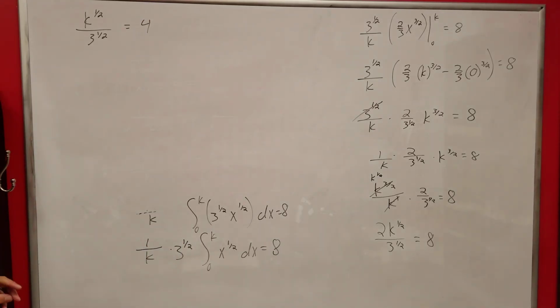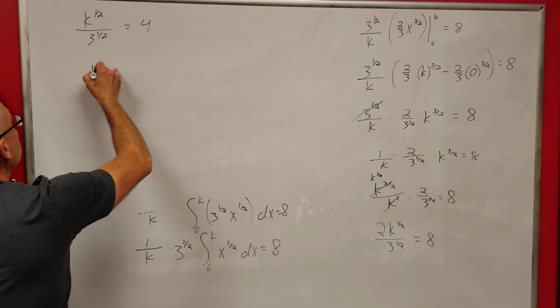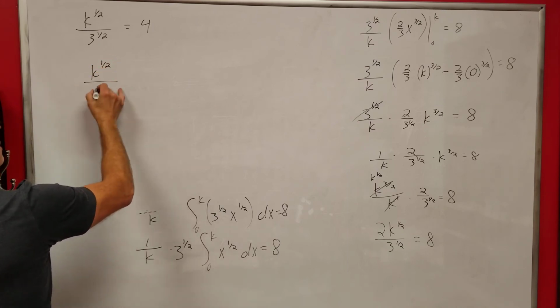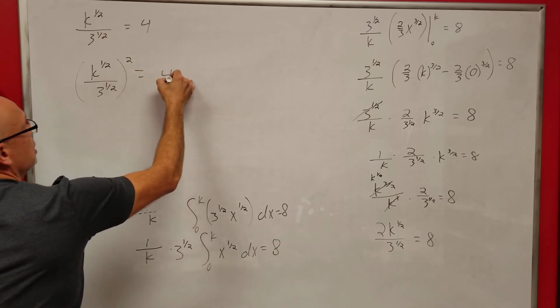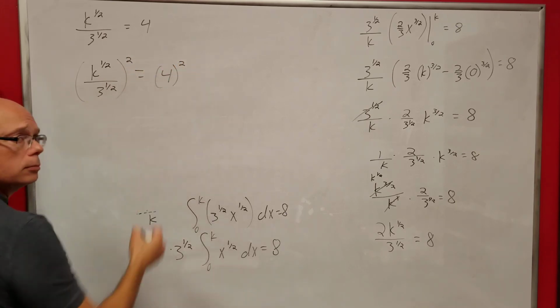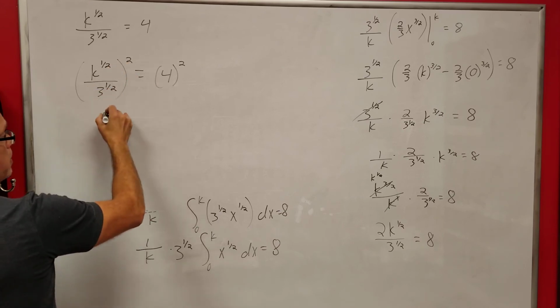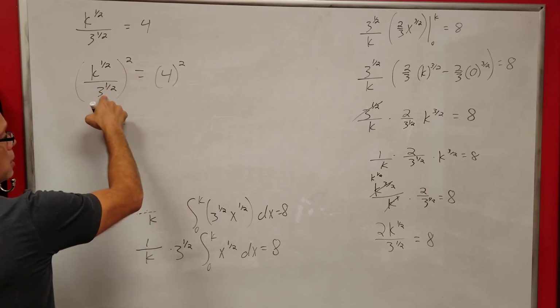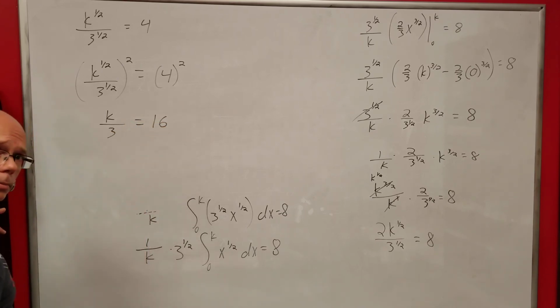Now what will happen if I square both sides here? It'll get rid of these 1/2s, right? So k to the 1/2 over 3 to the 1/2, if I square that, I need to square the other side. So what does that give me? If I multiply 2 by that exponent, I get k to the 1st. Same thing here, I get 3 to the 1st is equal to 16, right?